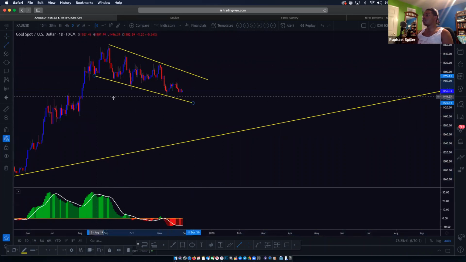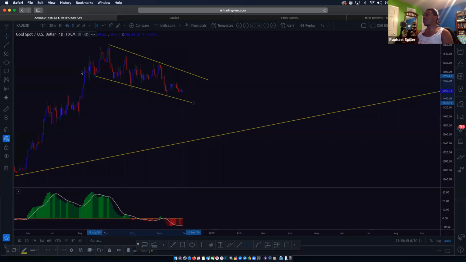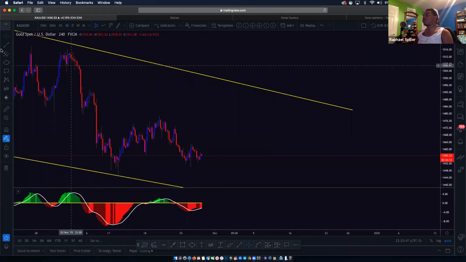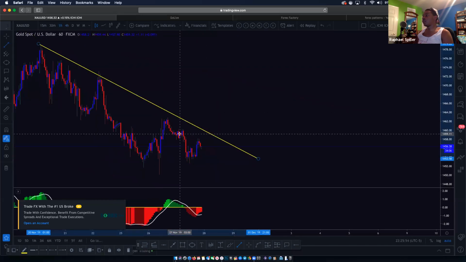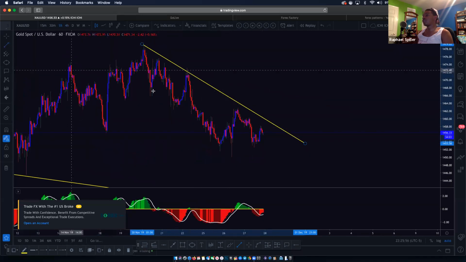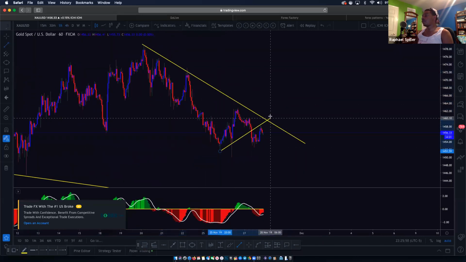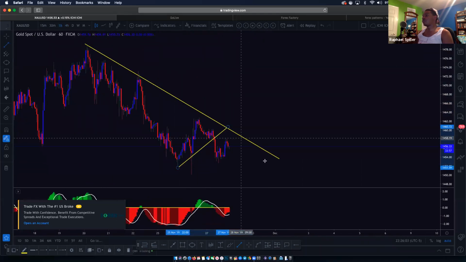What I do see is that it was going to go down to this trend line, but it started consolidating, right? It's not trying to push down. It seems to me that it just keeps flagging at this trend line, but it's not having enough momentum.